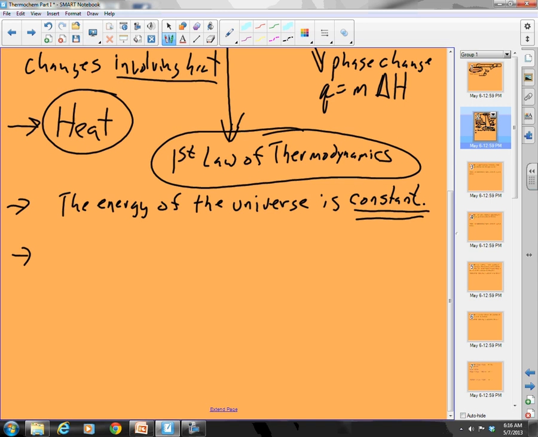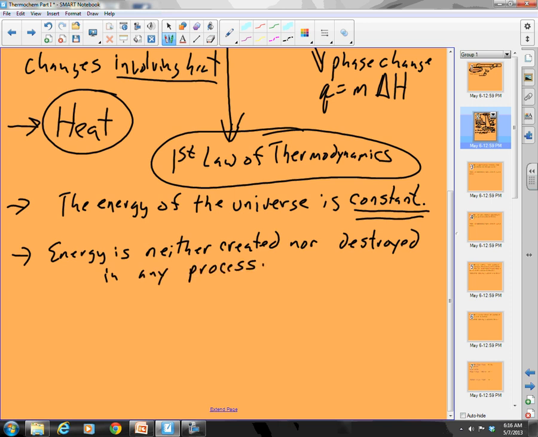Another way to state this is that energy is conserved, or energy is neither created nor destroyed in any process.